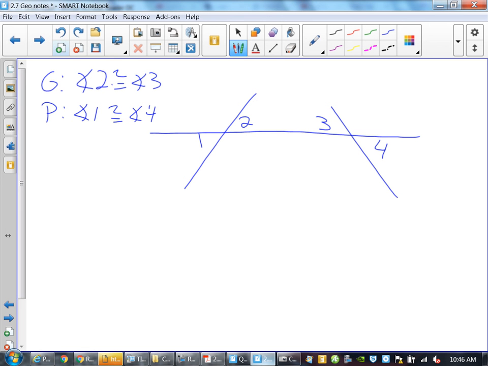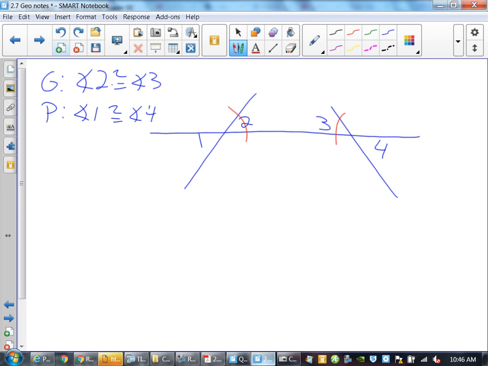Notice how they're only giving you one bit of information: angles 2 and 3 are congruent to one another. So if I'm looking at that given statement, what should I automatically do to my diagram? Mark it. Very good. I'll put in my tick marks for 2 and 3.